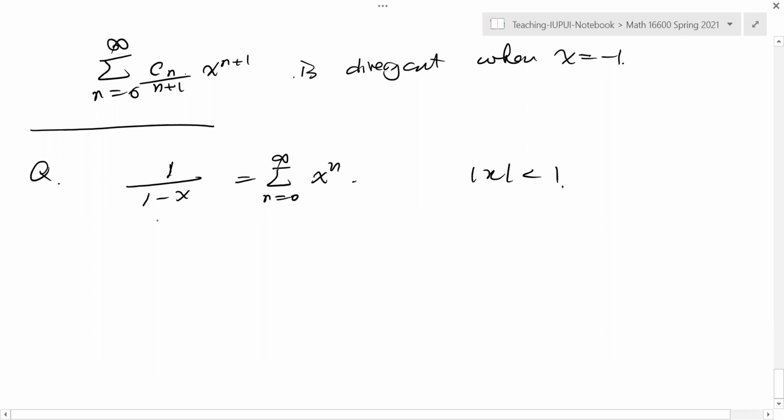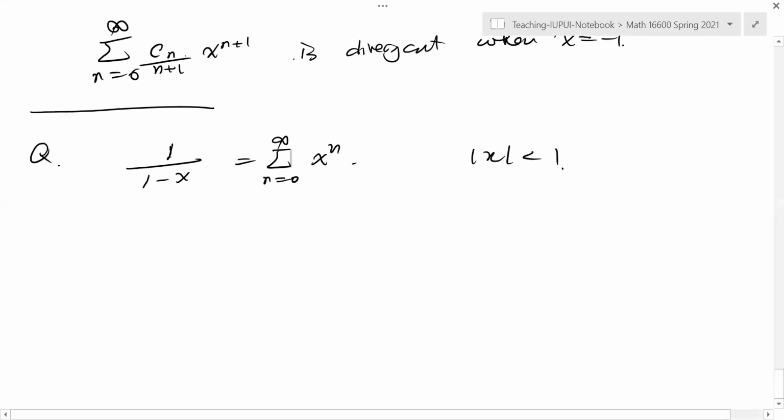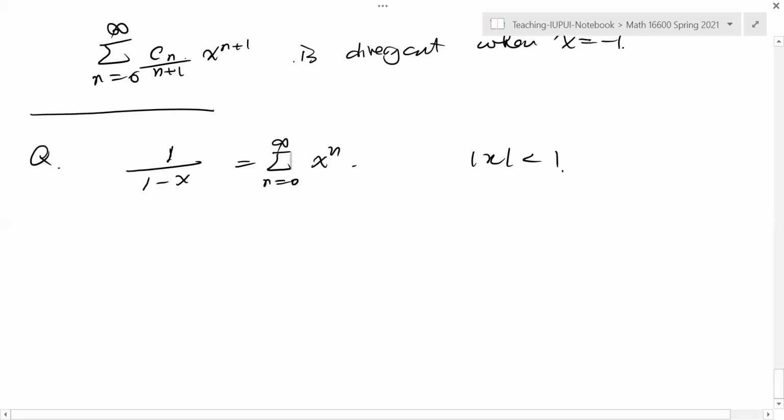Now the function on the left-hand side is defined for x not equal to 1. But it's not going to be equal to the series on the right-hand side, because the series is only convergent when absolute x is less than 1. So I can differentiate.